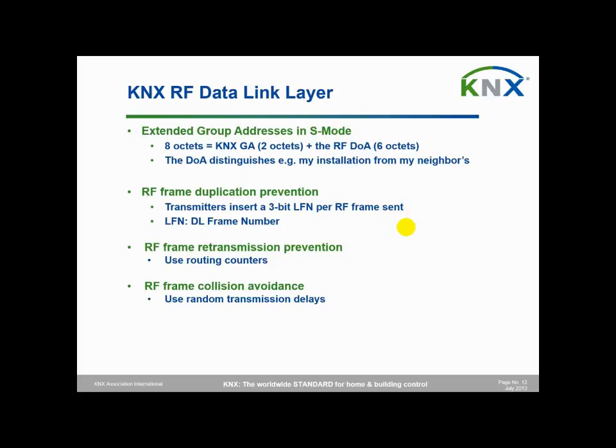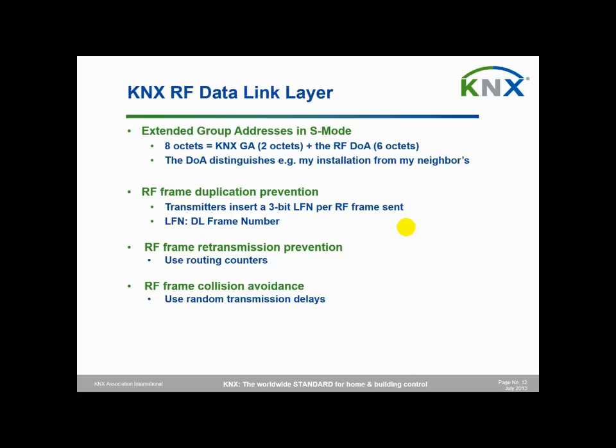But I think you understand what I mean. And then this will be extended with the 6 octets of the RF domain address. And again, the domain address is there to distinguish, for example, my installation from my neighbor's installation.